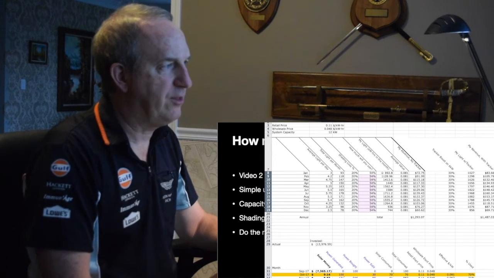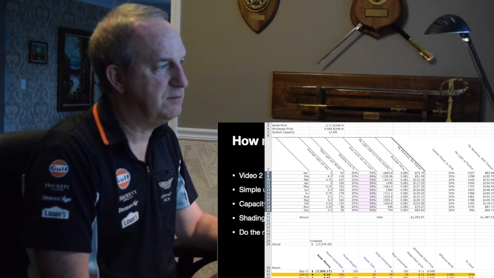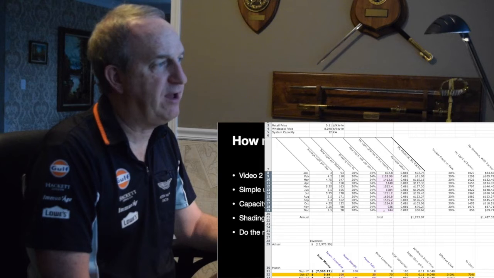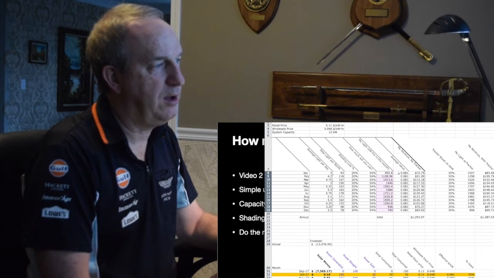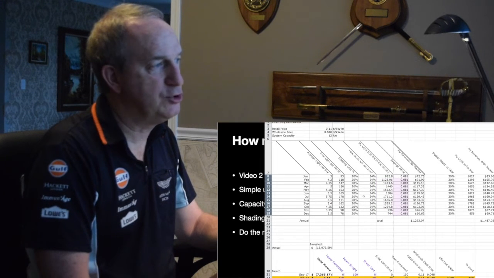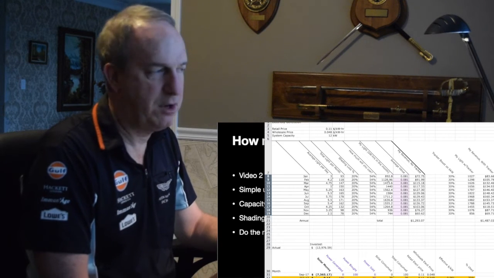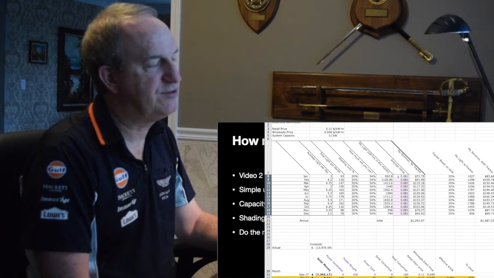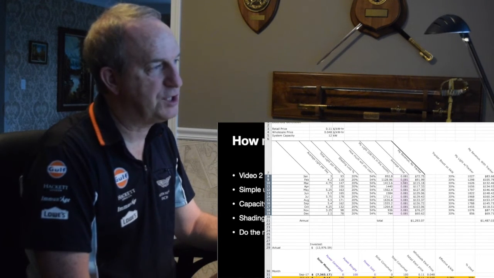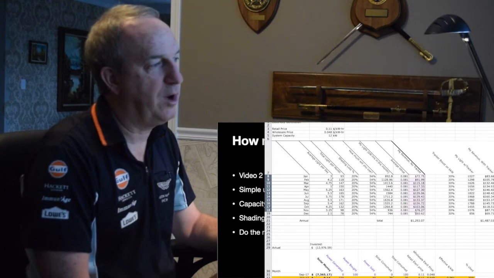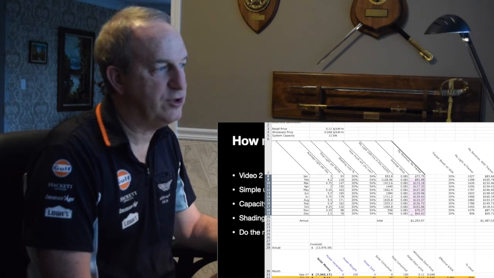So multiply the light per month times the size of the system, and you get that value with the 54% usage, which does change every month. But in this, I've simplified it. Then you get this cost of electricity, and then you can convert your kilowatt hours into revenue.